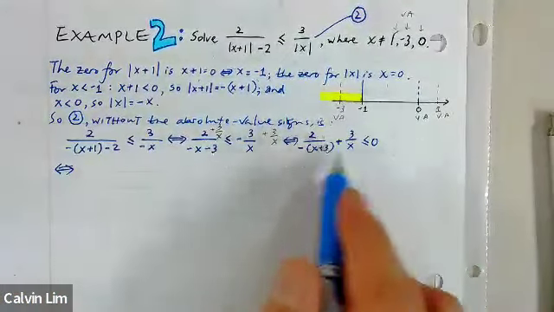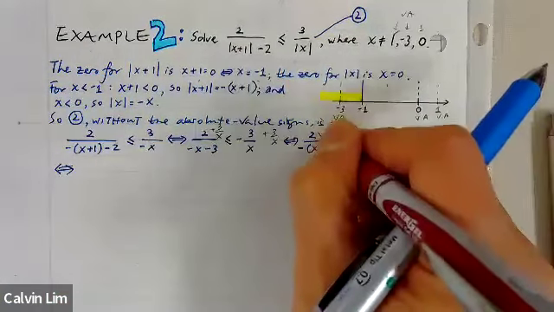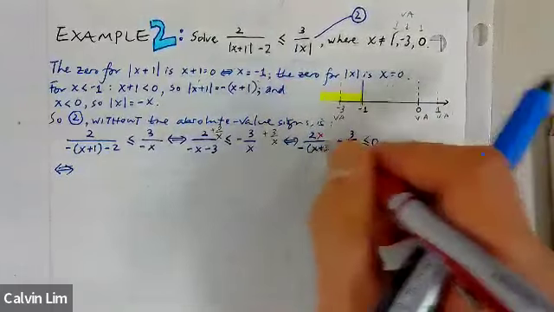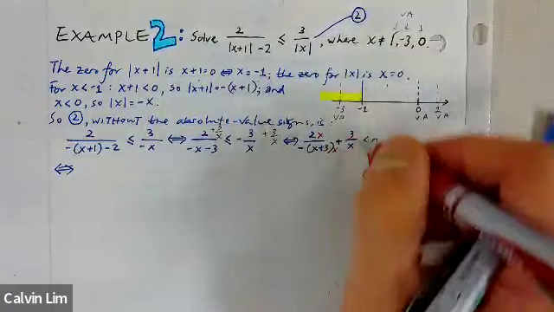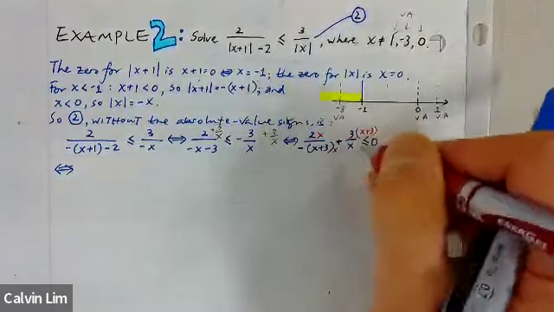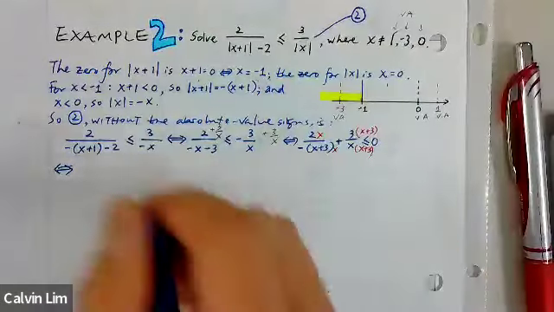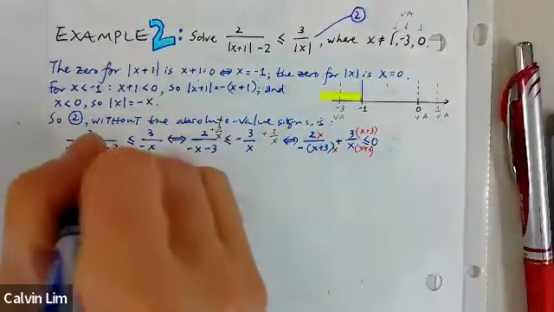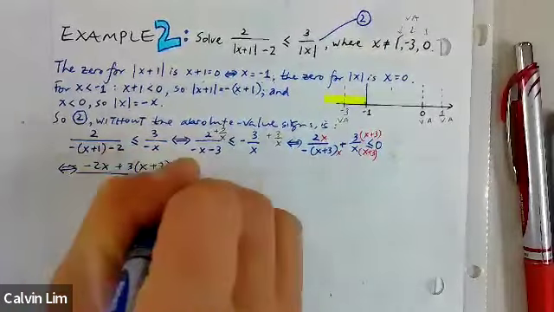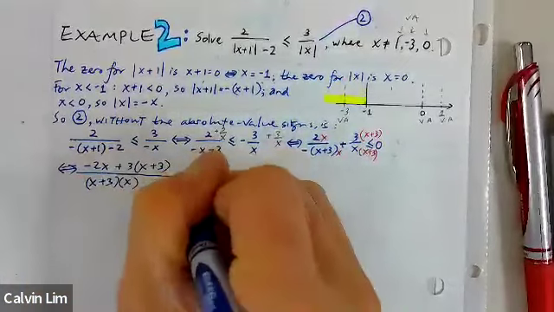Now, I need to make this one single term, right? So to do that, I can multiply and divide the numerator and the denominator of 2 over -(x plus 3) by x, and multiply and divide 3 over x by x plus 3. So I have (-2x plus 3(x plus 3)) over (x plus 3) times x is less than or equal to 0.